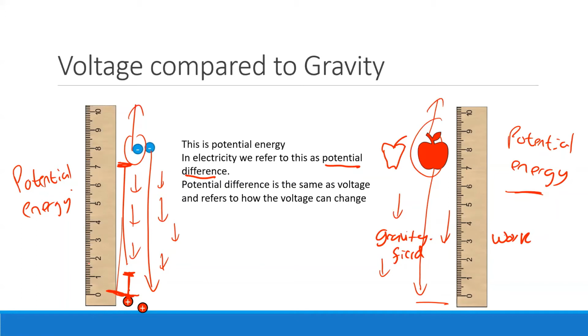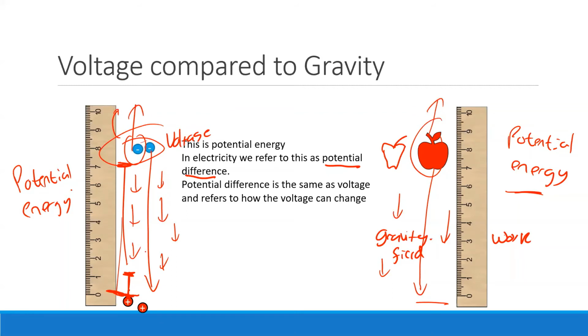Potential difference is the same as voltage, and it refers to how much voltage can change. How much can this voltage change? So we would refer to this height as its voltage. If I move these electrons further up, then they would have a greater voltage because they would have more energy and will want to fall down more.